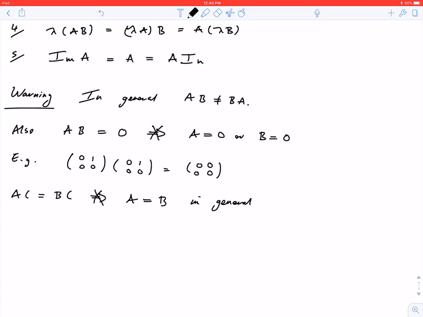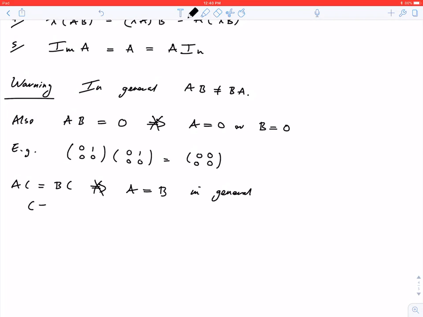If C is non-zero, you think you could cancel it off because you're used to doing it with numbers, because you can divide through by something non-zero. But this fails in general. It's disastrous. So you've got to understand the matrix operations are good in loads of ways, but are bad in others. And this is the kind of thing you would study in more detail if you go on to do abstract algebra in upper division mathematics.